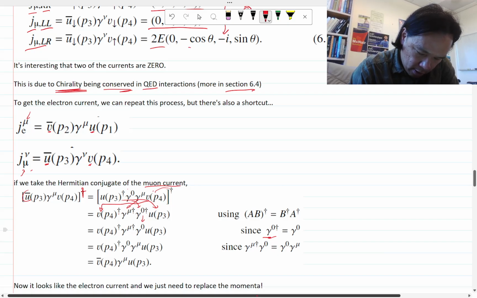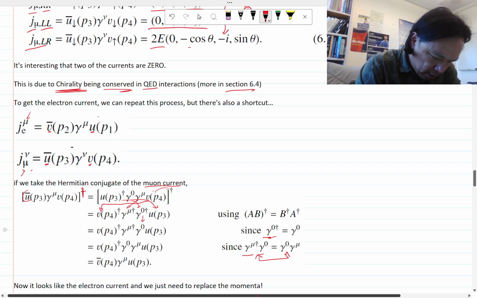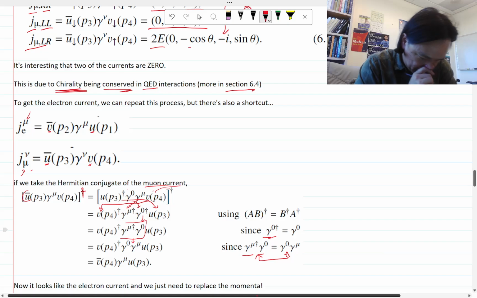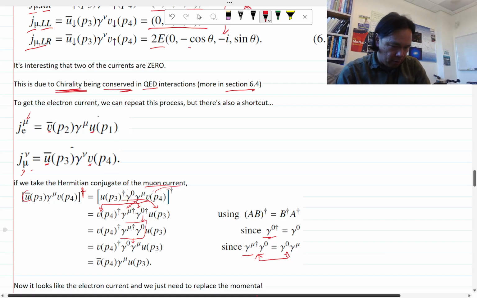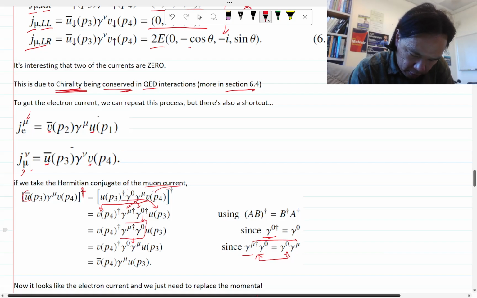And then gamma 0 times these gamma 0, 1, 2, 3, Hermitian conjugates, these are also Hermitian, meaning this part is the same thing, with the order switched, so just be careful about that.